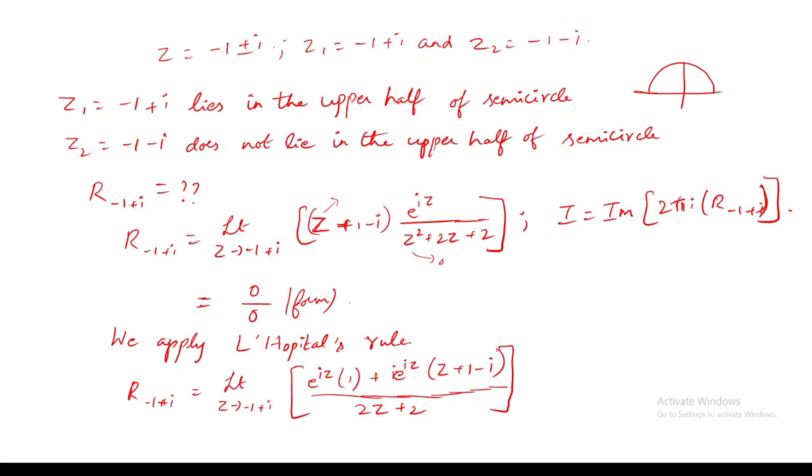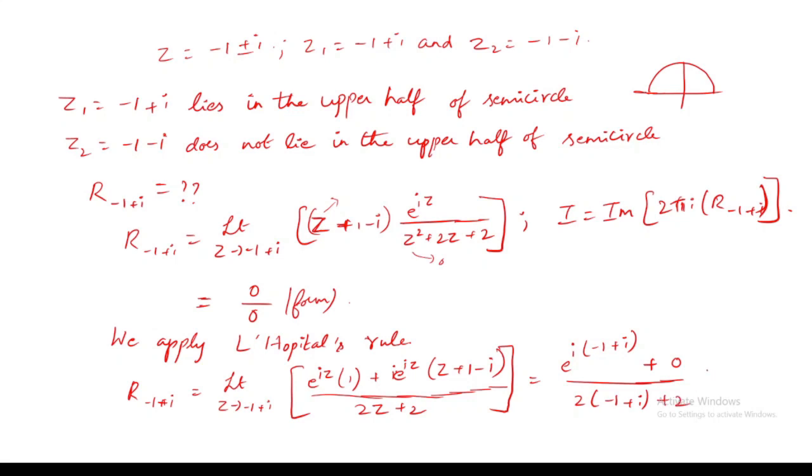Now substituting the limits, we get e power i into (minus 1 plus i) plus 0, divided by 2 times (minus 1 plus i) plus 2.